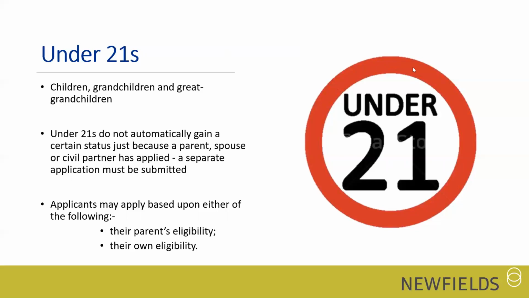Children can be children, grandchildren, or great-grandchildren. Children are not able to gain an automatic status simply through the fact that their parent has applied for a status through the EU settlement scheme. They have to submit an application in their own right.